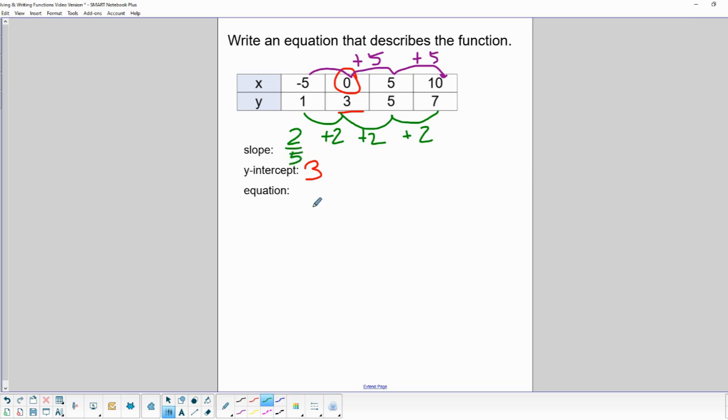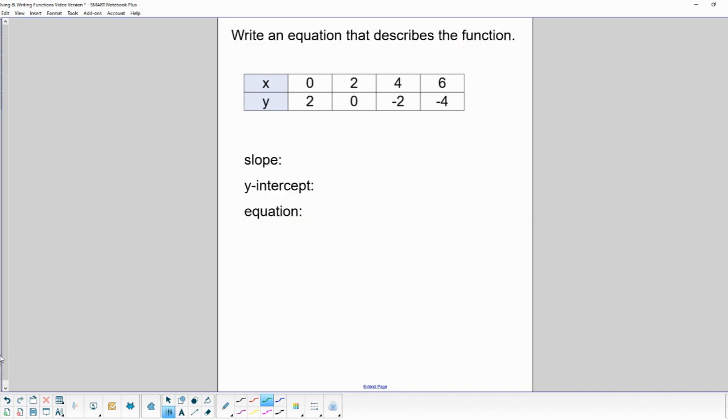So when we write our equation, we've got y equals 2/5 x plus 3. So that would be the equation of our line, or our function that describes this set of ordered pairs.